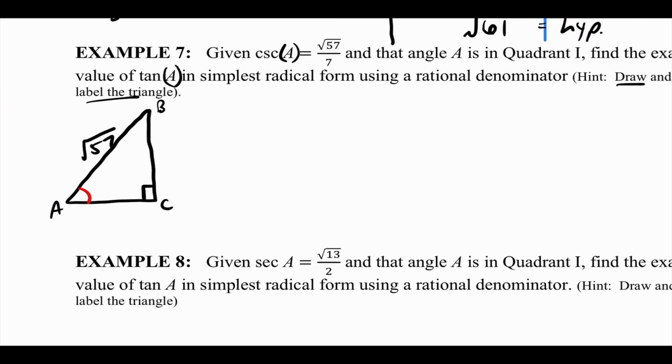Over opposite, right? So the opposite of A is going to be over here, B to C. I have to use that now to find the tangent of A. Tangent is opposite, so 7 is opposite of A, over adjacent.